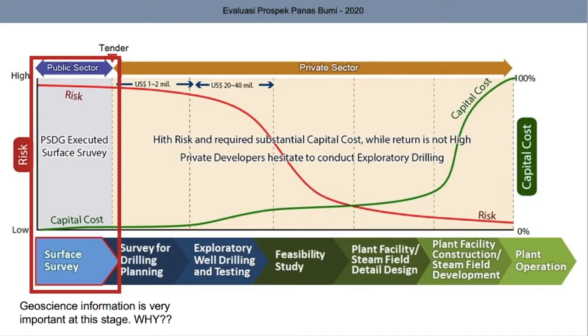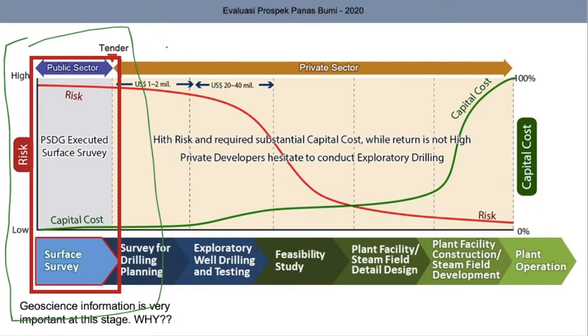As I have mentioned before, I will use this graph as a benchmark for our course. For this session today, I will discuss this phase here, the surface survey, where the geoscience role is very prominent, because the presence of geoscience data is very important to determine what kind of geothermal system we will be facing in order to develop the project.